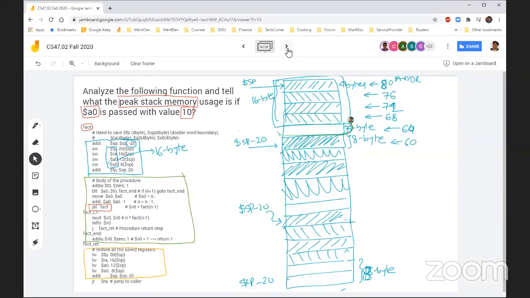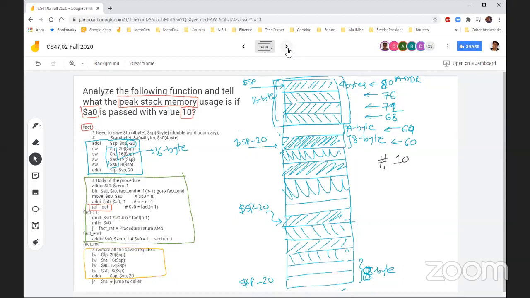1 extra 4 bytes. So in fact, if your number of calls is 10, let's say this recursive call ended at 10, we'll come back to verify how many calls will be given.